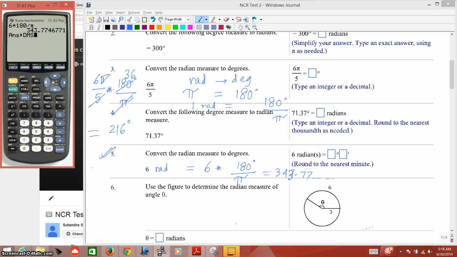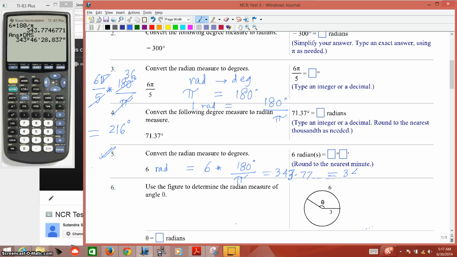So if I hit that one, I come up with 343 degrees 46 minutes 28 point some seconds. Since I'm going to round to the nearest minute, I must look into the seconds part, which is less than 30 seconds. That means it's less than half a minute, so it will round to 46 minutes. That's my final answer.